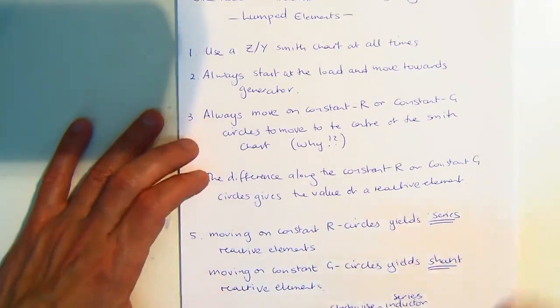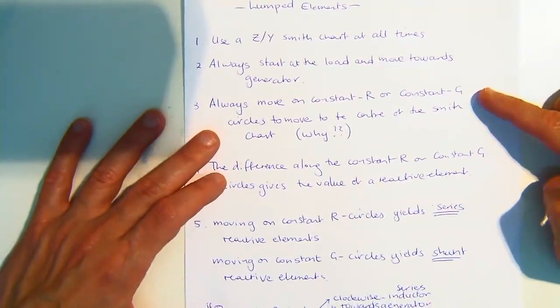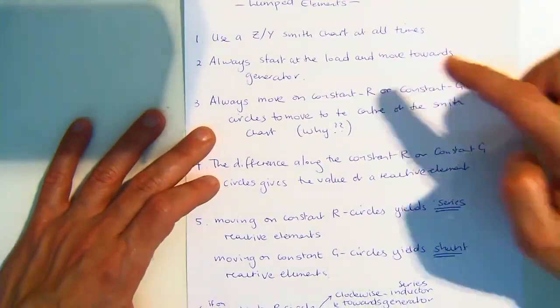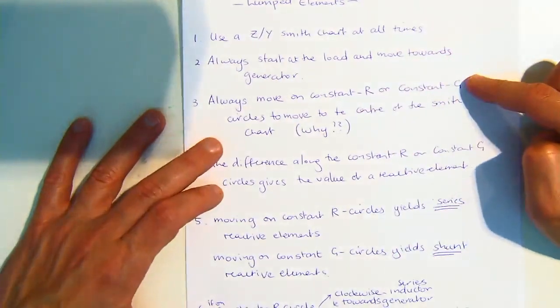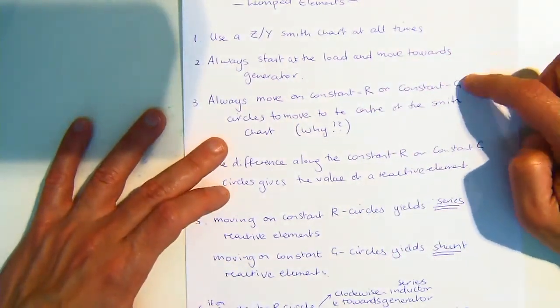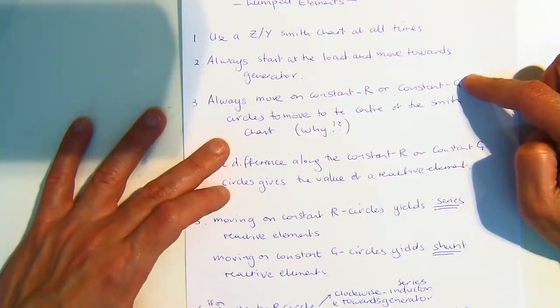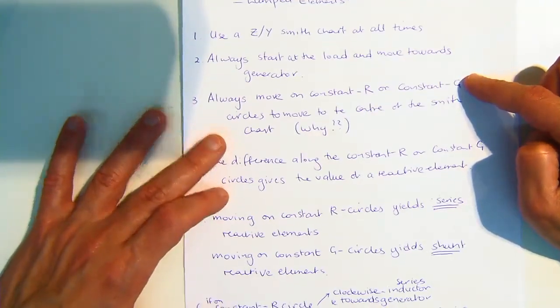And the third rule is always move on constant resistance or constant conductance circles, and try to move towards the center of the Smith chart.